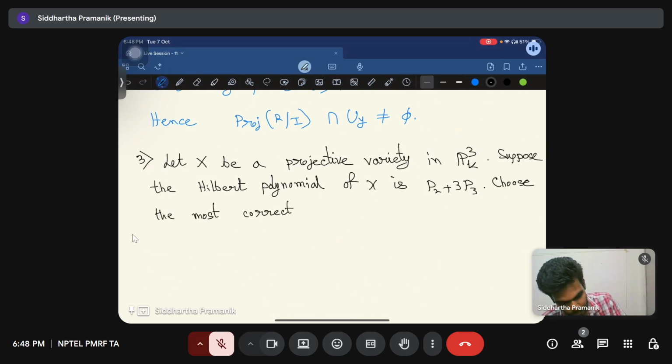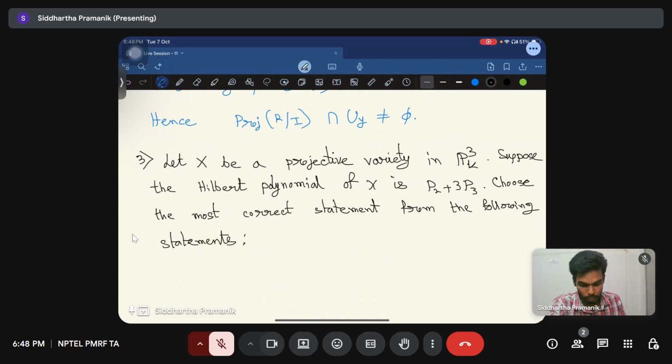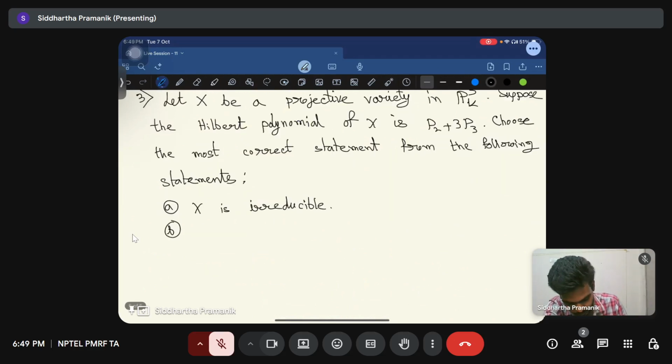The first one is X is irreducible, and the second one is X is union of two straight lines.